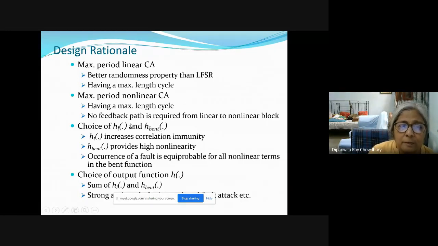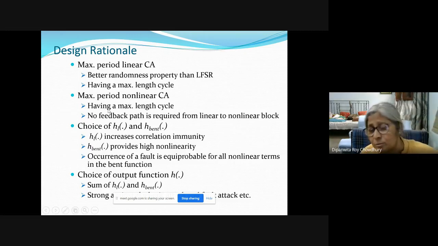Since no feedback path is required from linear to nonlinear, we have omitted it to prevent the fault attack, so my nonlinear portion must be competent enough to handle this. That's why this is very important.